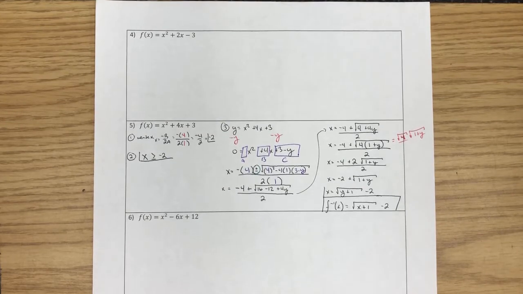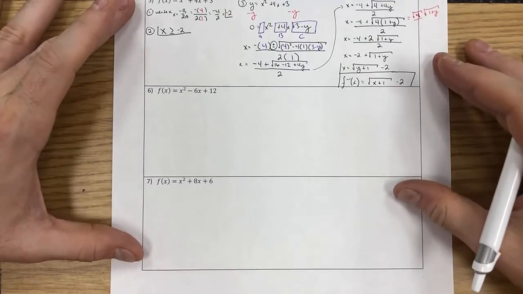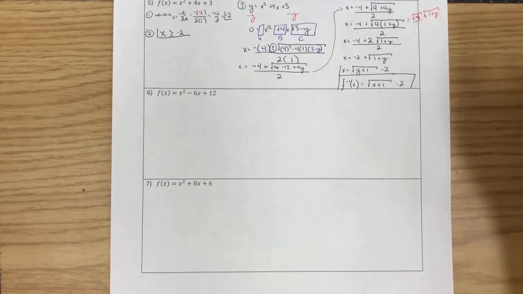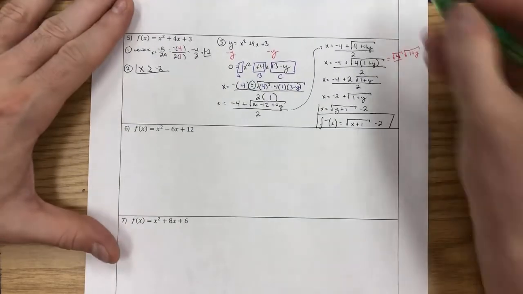So now that you've gotten a taste for that, why don't you try number 7 real quick? Go ahead, pause your video, try out number 7, and see if you can't emulate this process. The big step right here, let's actually write a note.